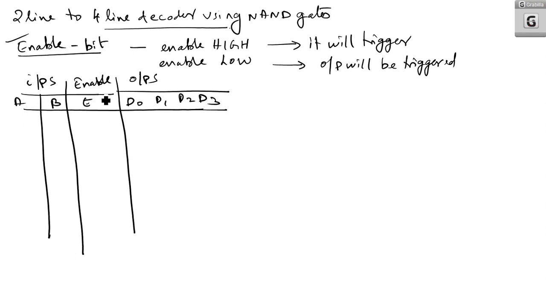Here I write 0 0, 0 1, 1 0 and 1 1. Now I keep enable as 0 for all these cases.